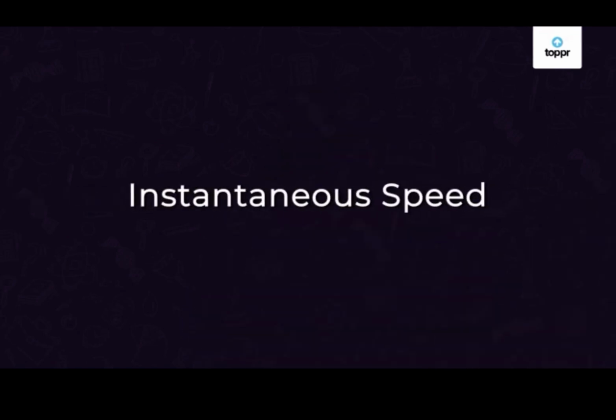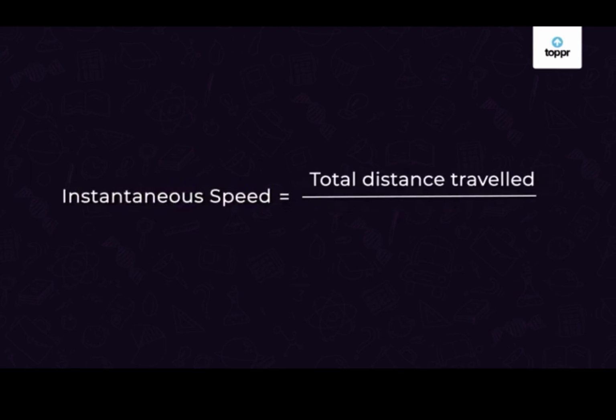The speed at different instants throughout the motion is known as instantaneous speed. Instantaneous speed is defined as the distance travelled over a very short interval divided by the time taken. The time interval taken should be so small that the speed cannot change significantly in this duration.